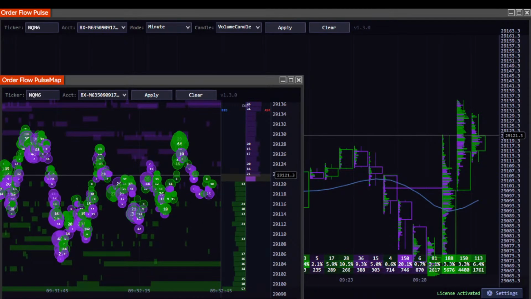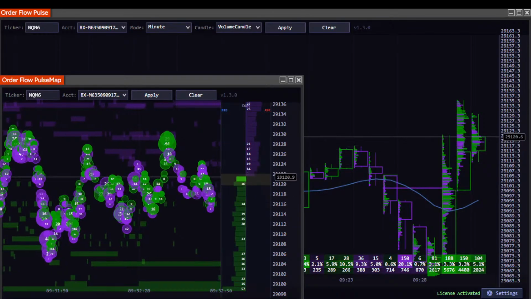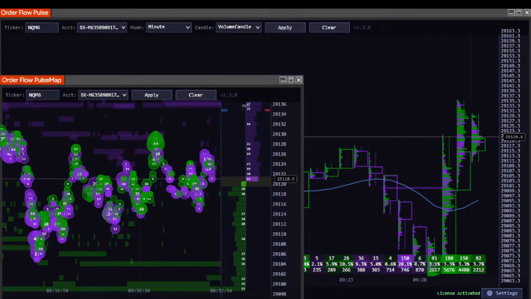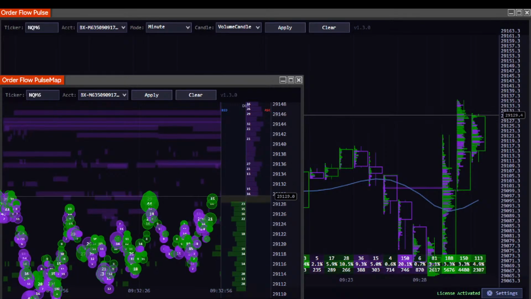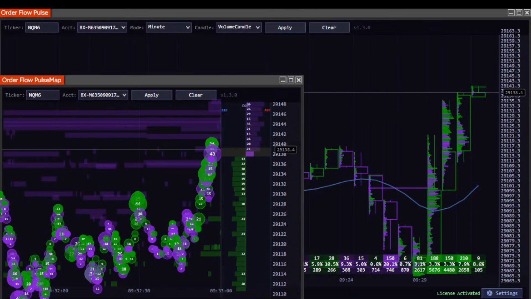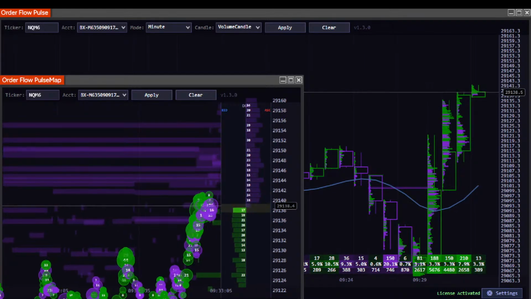ATR is 4 on the ES, which is pretty decent. Okay, I'll go ahead and shut that down. I've got about 30 minutes on the opening drive. It's not what I want, but we'll let it run.